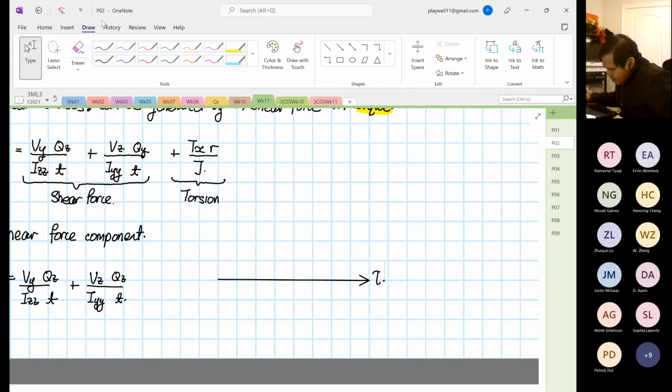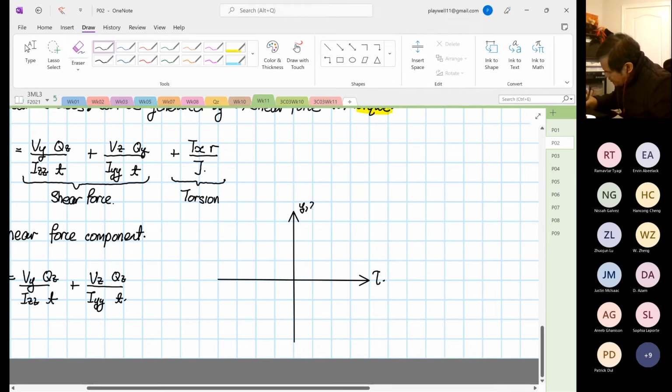And this can be our y or z distance. Okay, so we know that the center line over here, this is the location of the centroid. So if I were to sketch out the distribution, it will look like this.